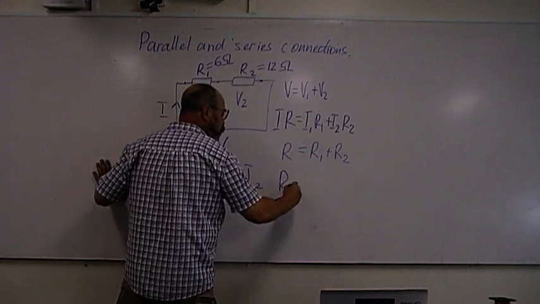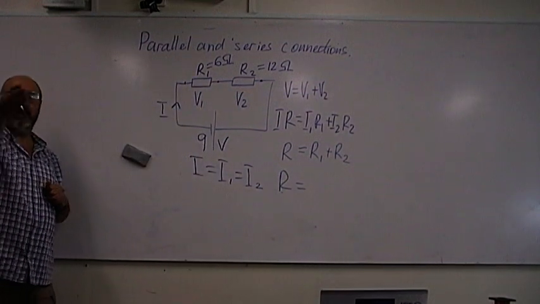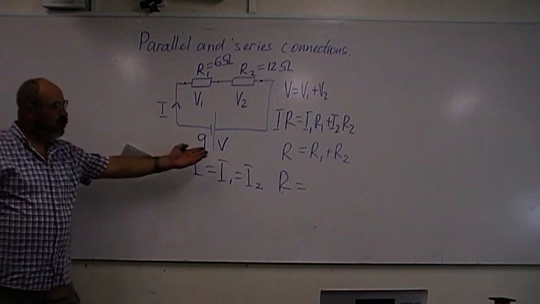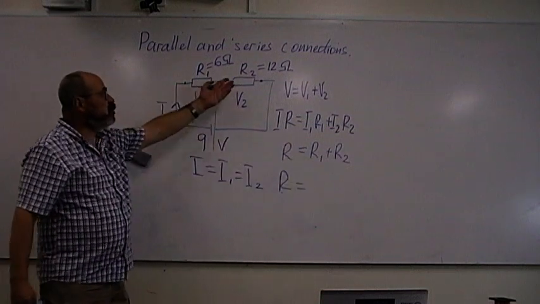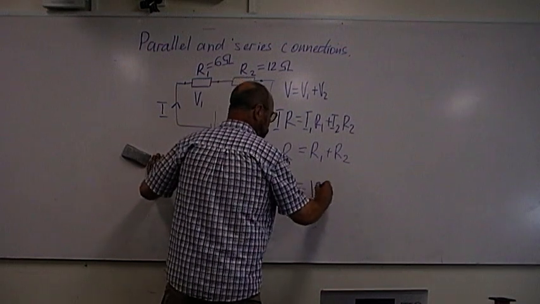What will be the total resistance of this circuit? Yes, 18 ohms. We just add them. 6 plus 12 will be the total, 18 ohms.